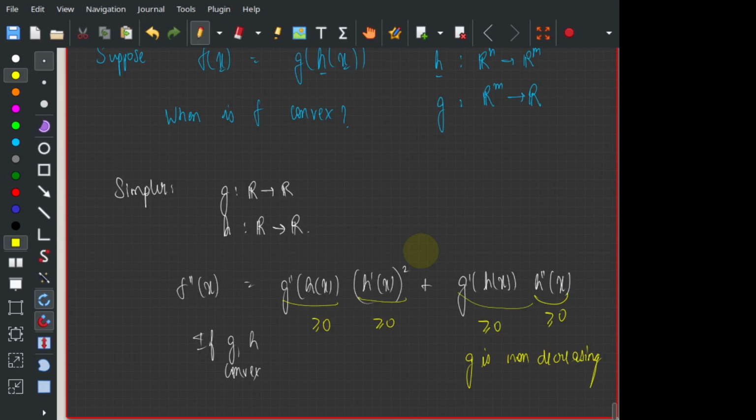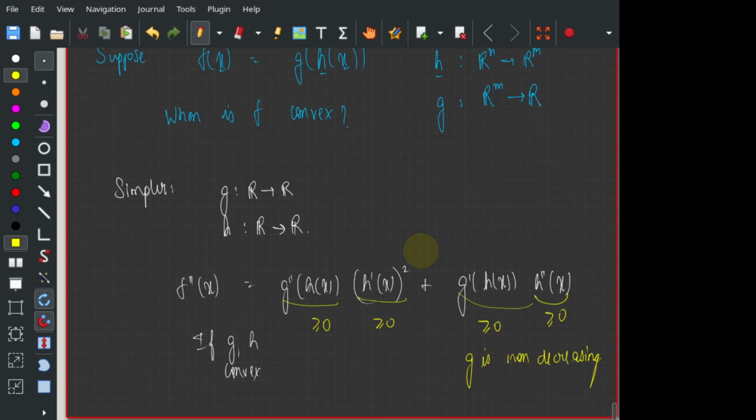So can you give an example of a case where g and h are convex, g is decreasing, and f is therefore not convex?